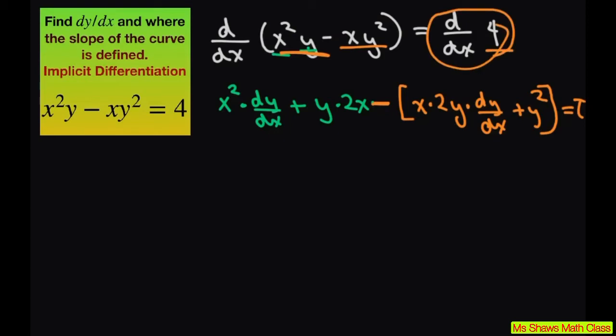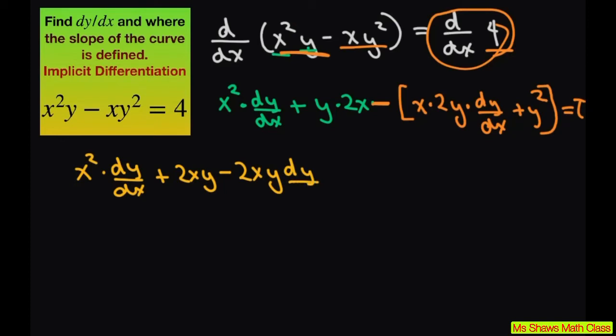All right, and I'm going to just go ahead and expand this. We have x squared dy/dx plus 2xy minus 2xy dy/dx minus y squared equals 0.